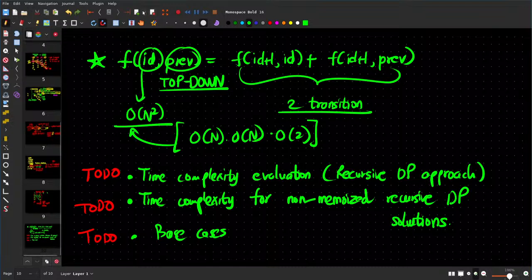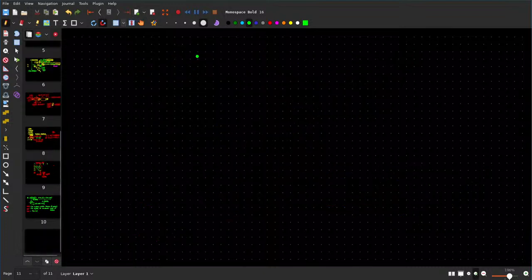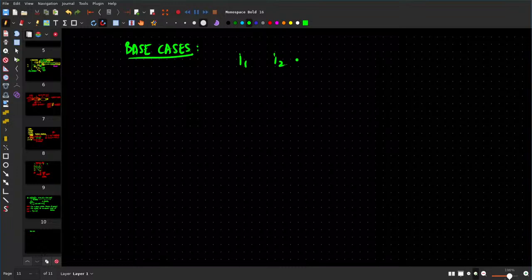Okay, I want to explain these two, right? Time and base case. Okay, for the base cases, let's understand base cases first. In this problem, we had I1, I2, I3 and I4.